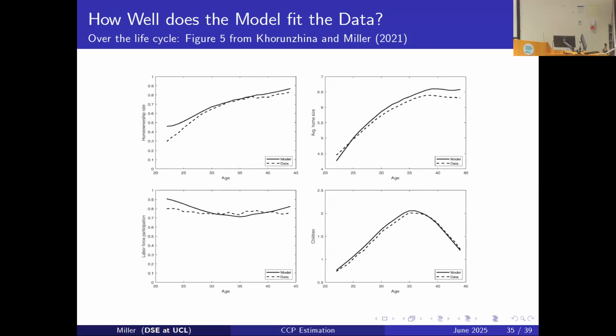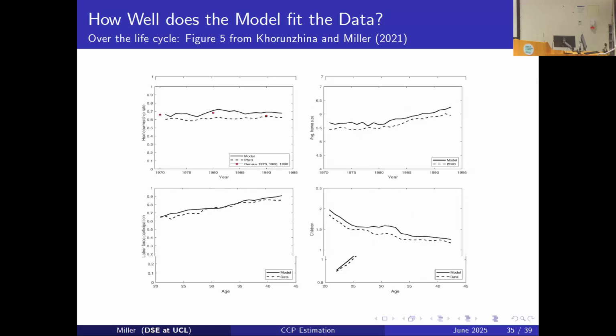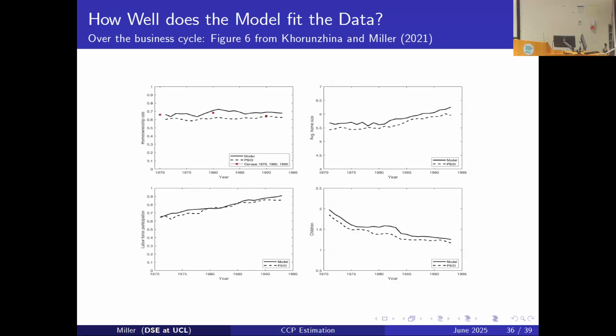Over time series, if I can get that, here we go. Here is the home ownership rate. And what I did was put in the census rates, okay? Here's the census squares. And you can see the model actually does better than the PSID data.